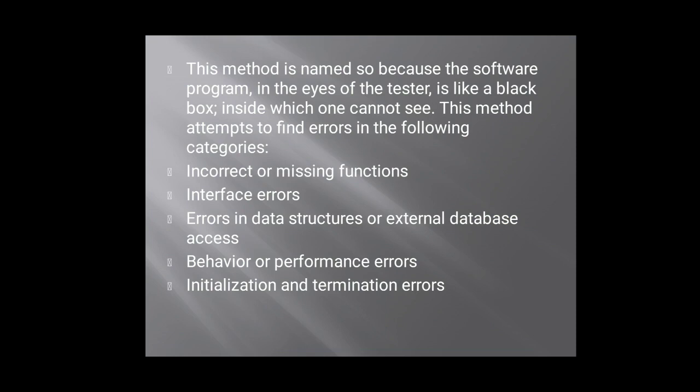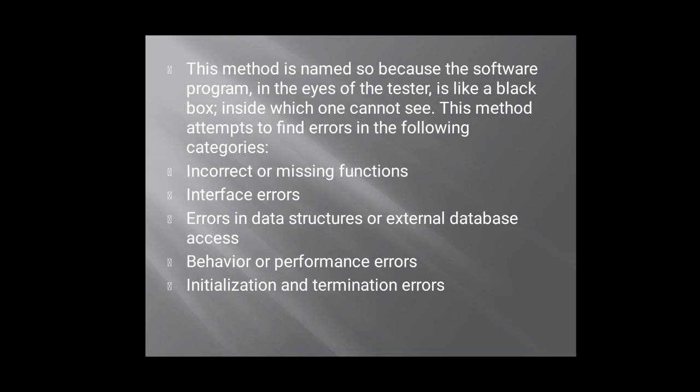External database access: if the database connected to that particular software has an error, then we do black box testing. Behavior or performance error: behavior means whatever we are expecting as an output, and if we are not getting that same output, that can be termed a behavior or performance error.